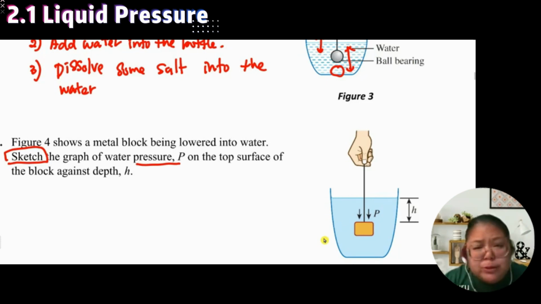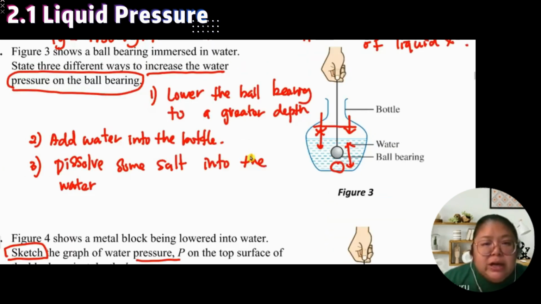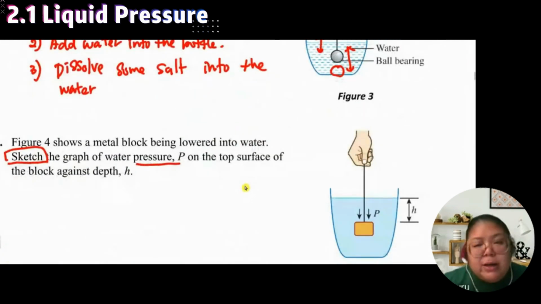The ball bearing's size I cannot change, its weight I cannot change, the water I cannot change, you can only add things. The question never asks you to modify. They just want to increase the water pressure, so you need to add. Remember, do not change things. So the situation we still maintain. You just add something to increase the pressure.